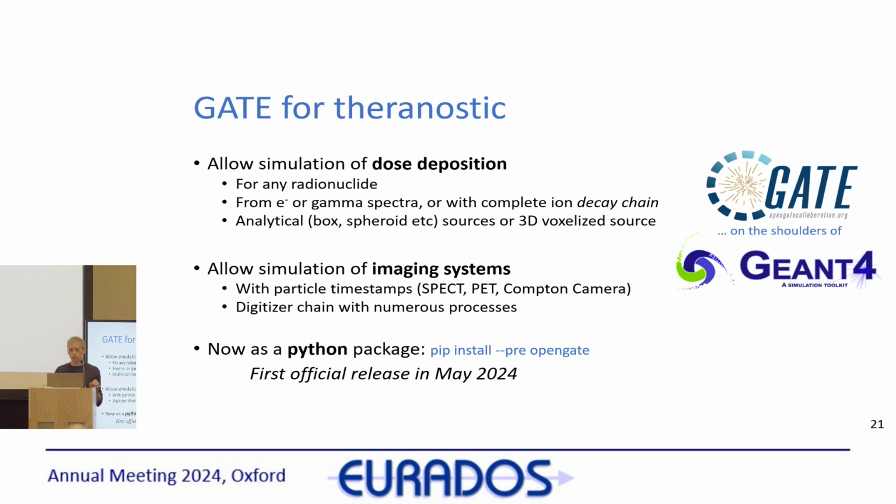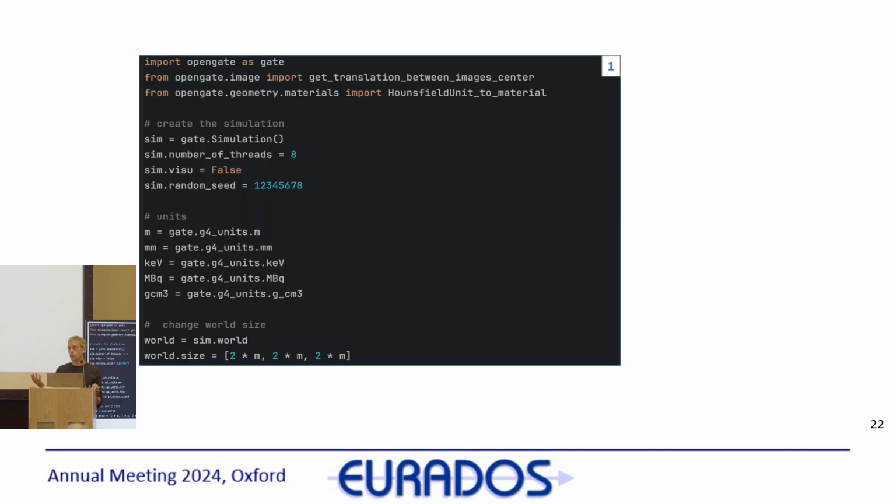And by a very simple pip install OpenGate, you get everything: Geant4, OpenGate, root, ITK, and other packages. It takes a few minutes, and then you are ready to go for your simulation. And if you want to do absorbed dose estimation for this kind of therapy, I will show you the code that you need to do for that in 3 steps.